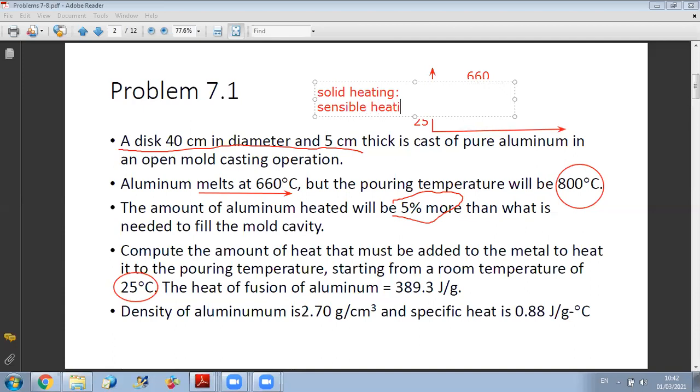In sensible heating, the temperature will increase, and the amount of heat can be calculated by which formula? We have a formula for Q sensible. So Q sensible is given by the mass to be melted times Cp times delta T. This is the formula of sensible heating, okay?